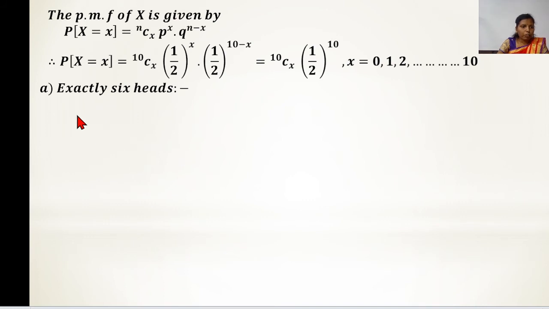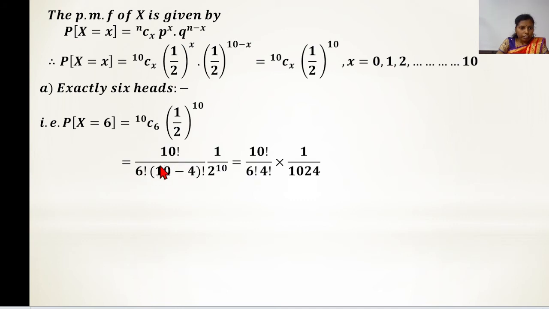Now first we have to find exactly 6 heads, that is P(X = 6) = 10C6 (1/2)^10. Here we put the value of x as 6. By the combination formula, nCr = n factorial upon r factorial into (n minus r) factorial.